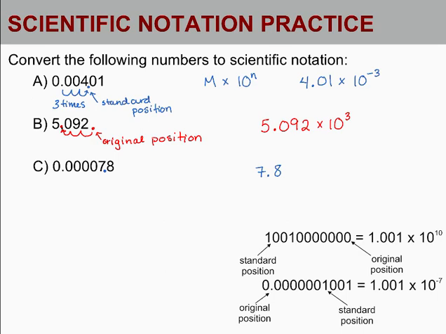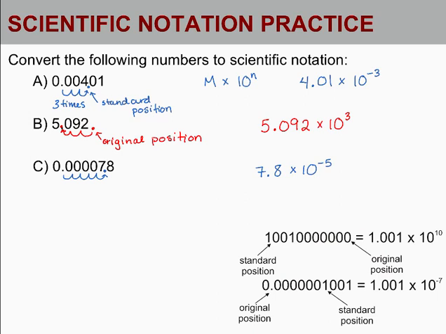So our coefficient is 7.8, and now we just need to figure out the power of 10 exponent. So in order to move the decimal point over to the right, we have to move it 1, 2, 3, 4, 5 times. So our exponent will have a 5 in it, and in terms of whether it's positive or negative, this is a small number, so it should be negative.